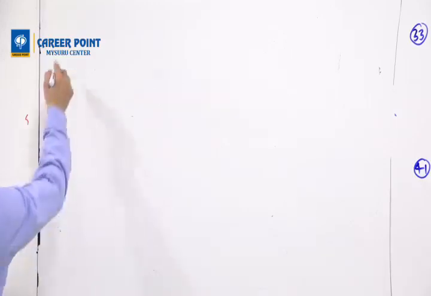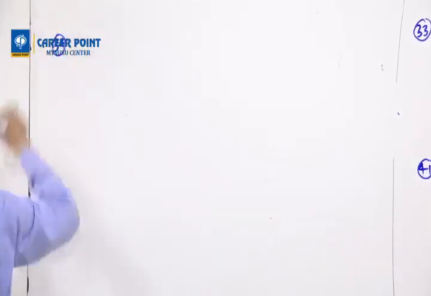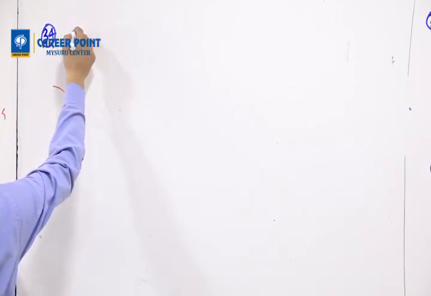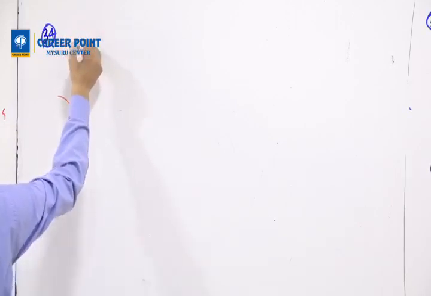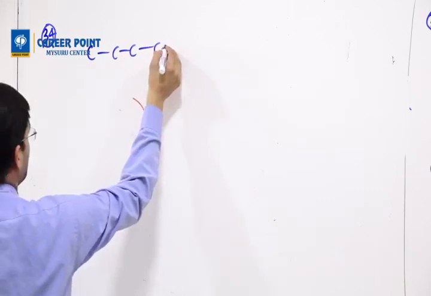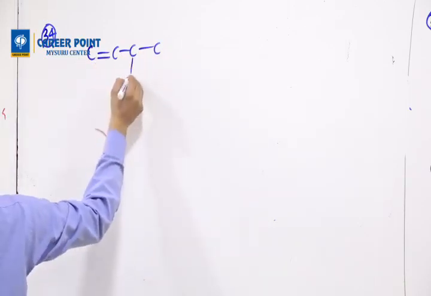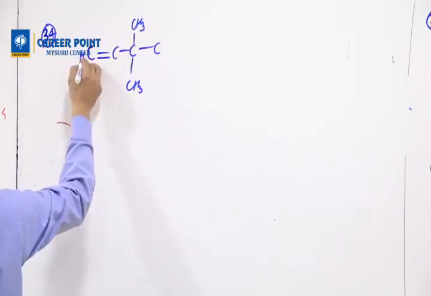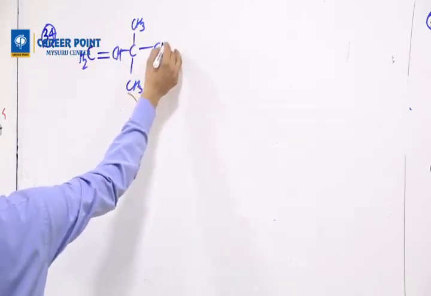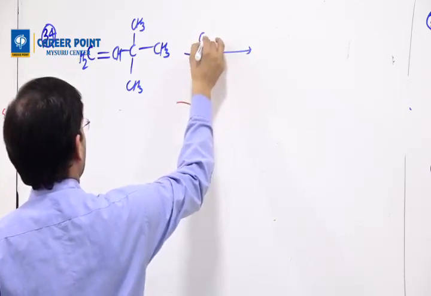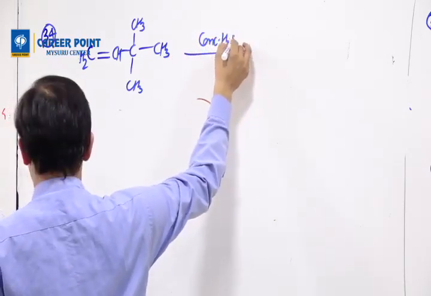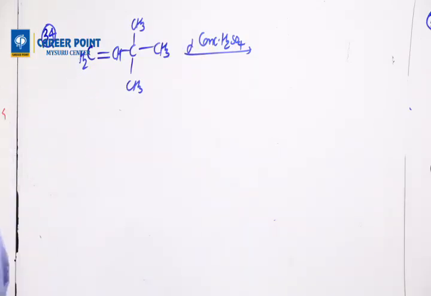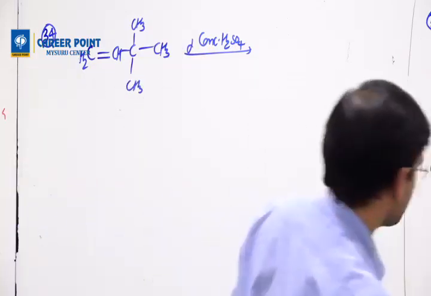So we have question number 34: 3,3-dimethyl-1-butene. So 1, 2, 3, 4. CH3, CH3, CH2, CH, CH3. Now with dilute H2SO4, not concentrated, we are having dilute.